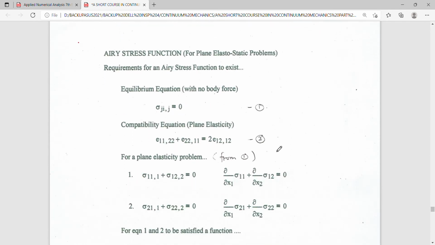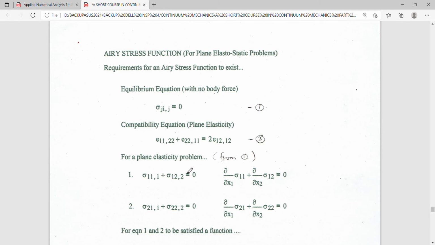So recall the equilibrium equation with no body force. So there's no body force here, meaning to say the self-weight and the inertia force are not considered. We also take a look at the compatibility equation for plane elasticity. So here it is in the form of the Eulerian, so E.